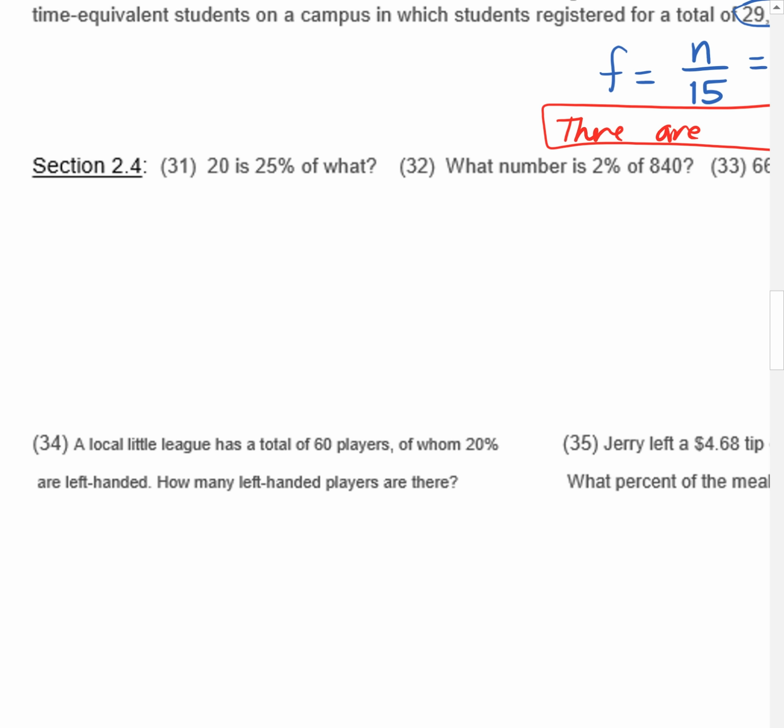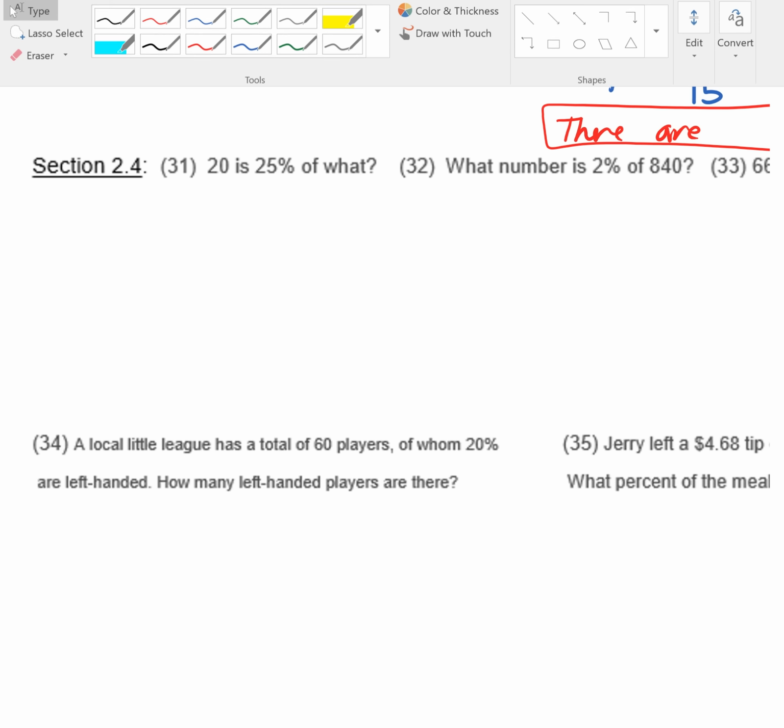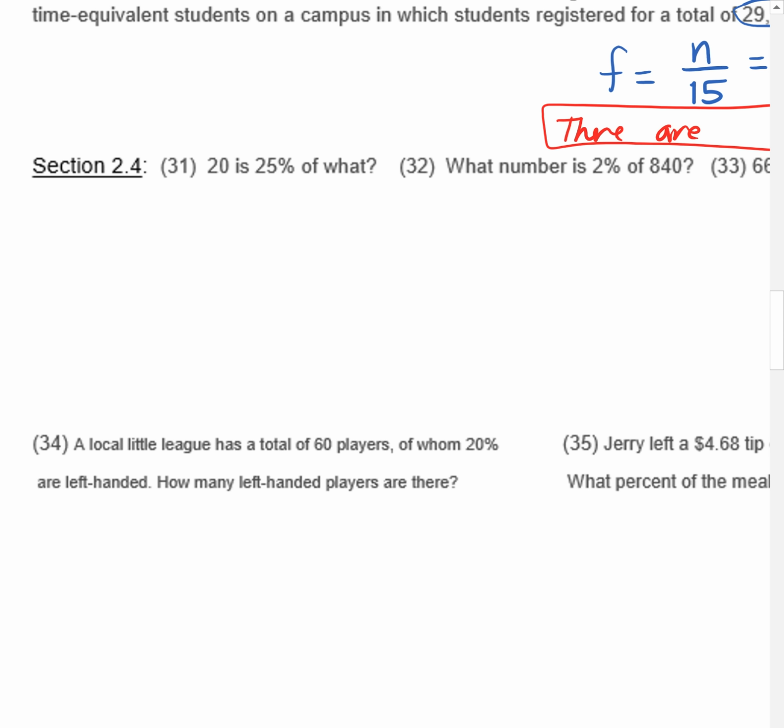All right, now we're in the next section, 4.2, where it's all about percentage problems. Okay, so it probably helps to remember a few things, if it's been a while. Percents you always want in decimal form. If you remember, for example, 25%, 25 is a whole number, so it has an invisible decimal on the very right side.